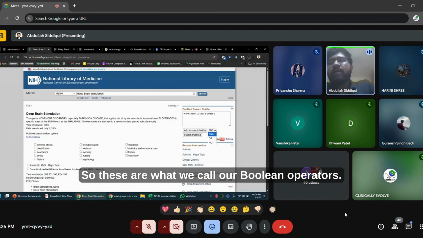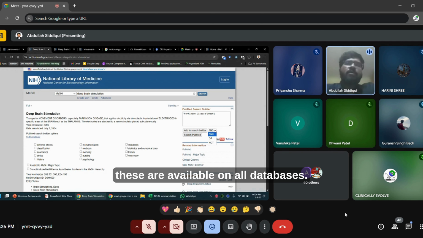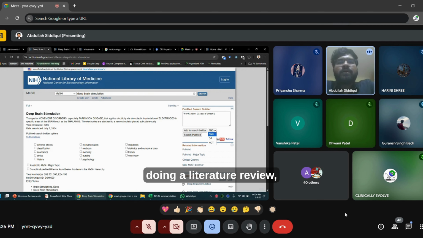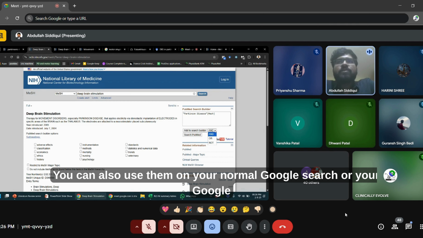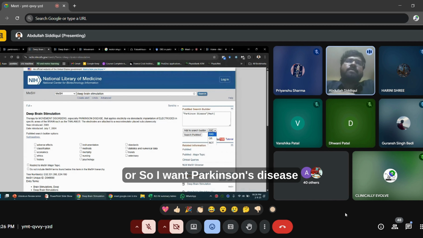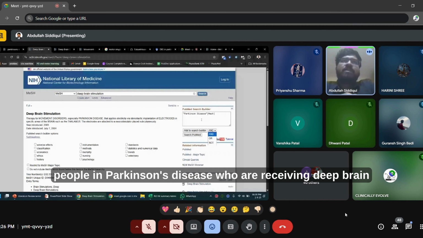These are what we call our Boolean operators. Whenever we are searching, these are available on all databases, and these are the most important things when you're doing a literature review or any search in any kind of database. You can also use them on your normal Google search or your Google Scholar search, or anything like that. So I want Parkinson's disease and people in Parkinson's disease who are receiving deep brain stimulation.